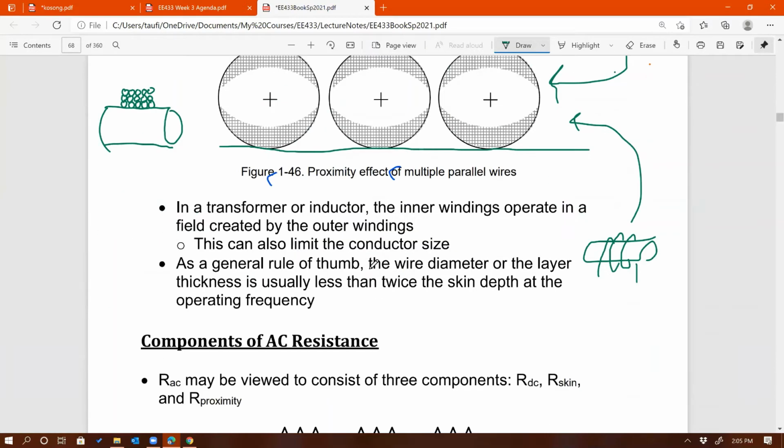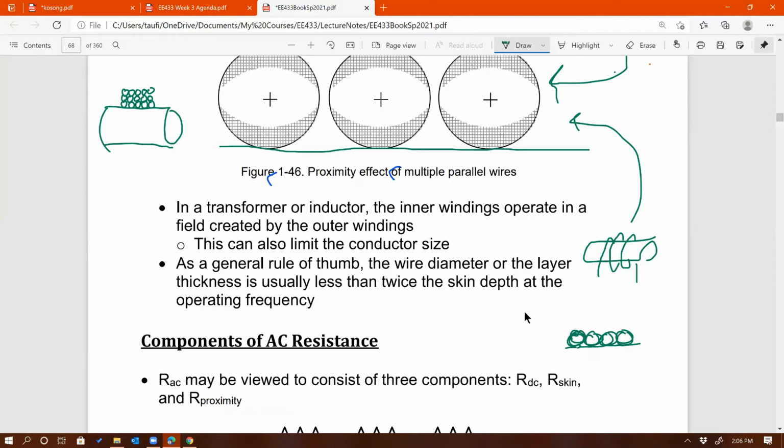As a general rule of thumb, the wire diameter or the layer thickness is usually less than twice the skin depth at the operating frequency. Less than twice the skin depth. So let's say you have the first layer right here of the inductor.